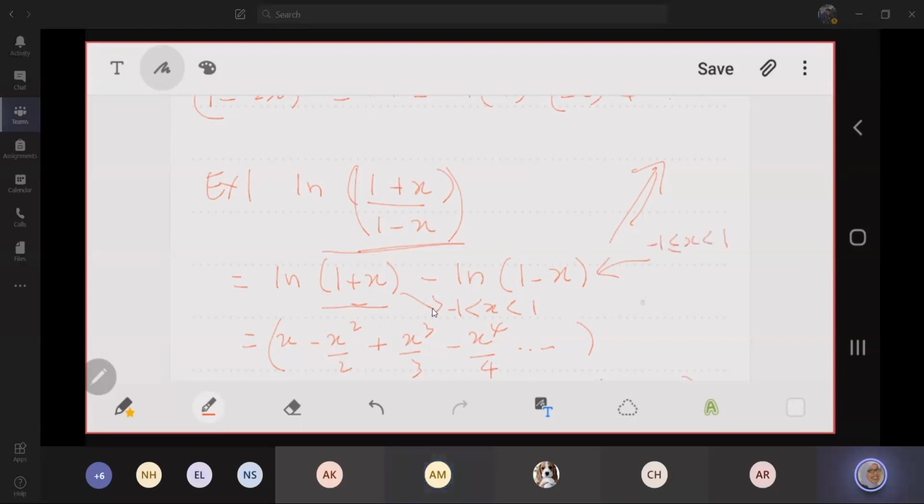Combine the two, and you get x between minus 1 and 1. This is the range of validity. That is the range of validity for the first series, and this is the range of validity for the second series. So you combine these two.